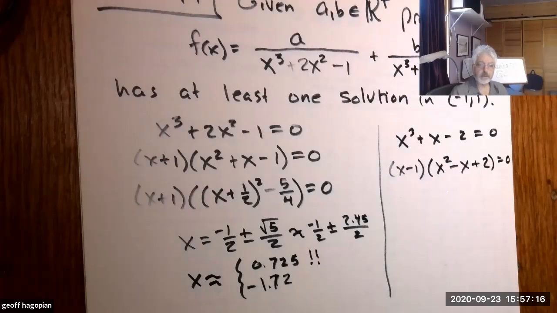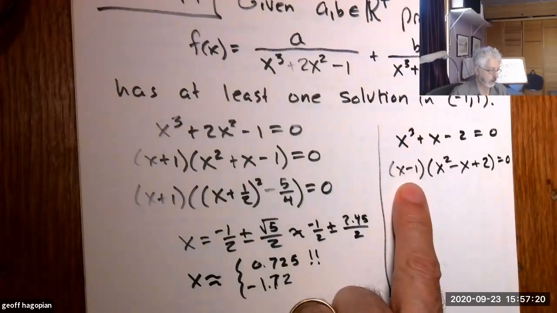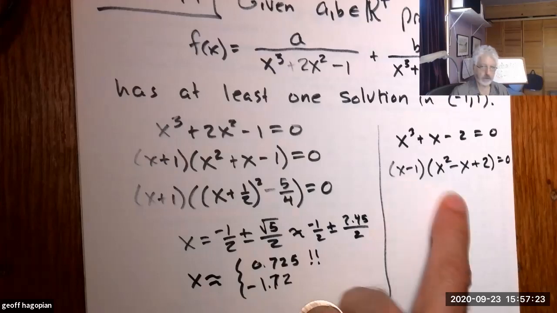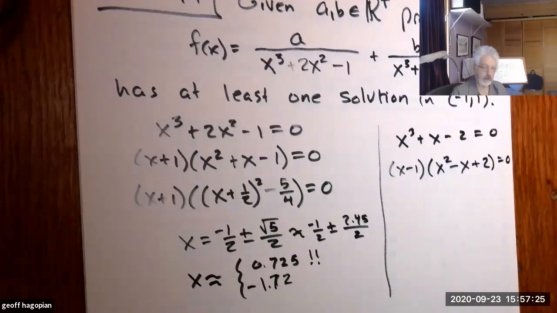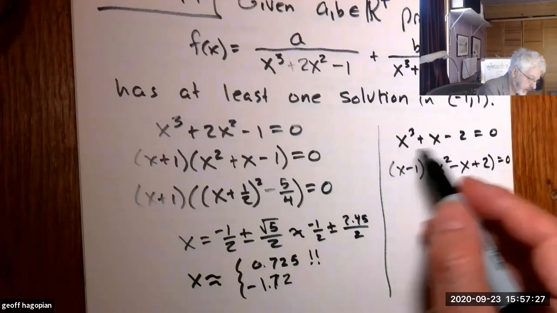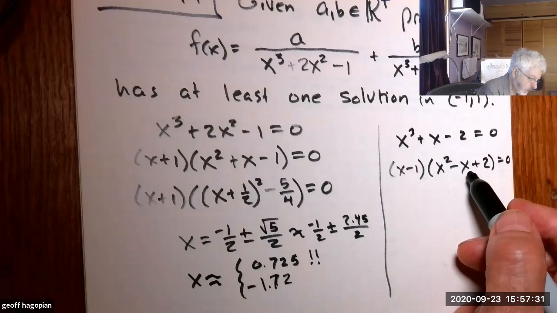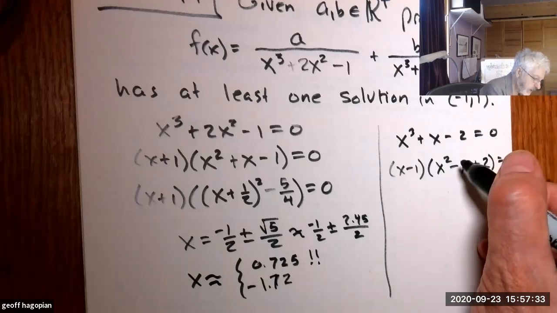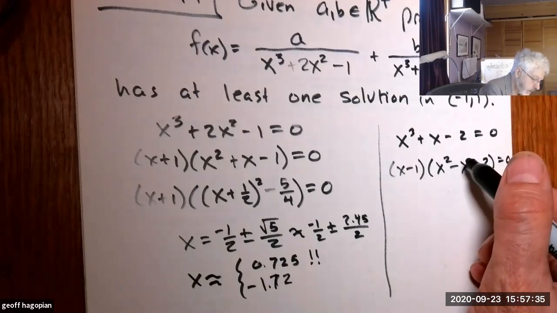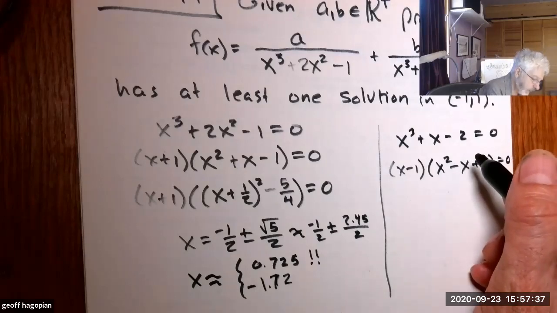Yeah, I just factored the cubic as a product. So I knew that +1 was a 0, so x minus 1 had to be a factor. And then I just used the guess and check method for factoring. When you multiply this out, do you get that? Yeah, x cubed, then minus x. Oh, this should be a plus. Oh, there is no x squared. Okay, so I did that wrong, didn't I?